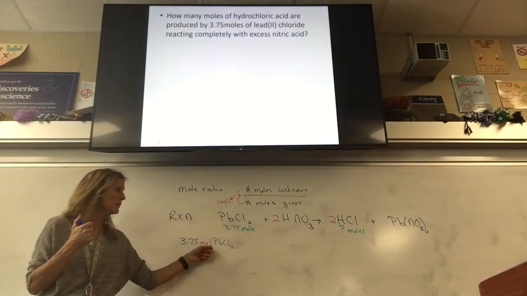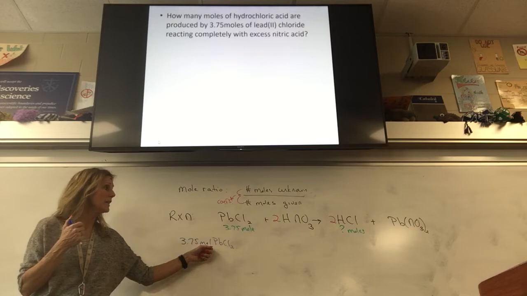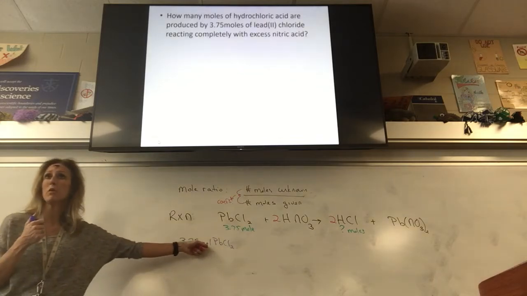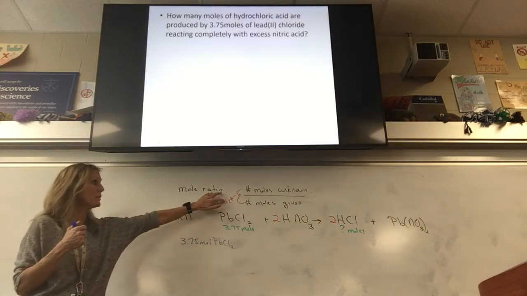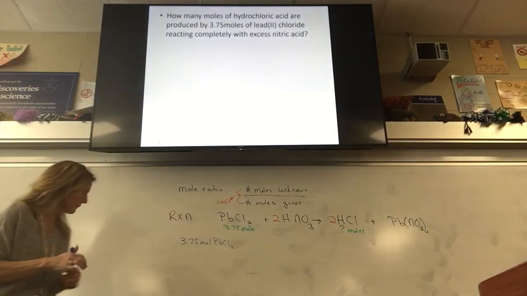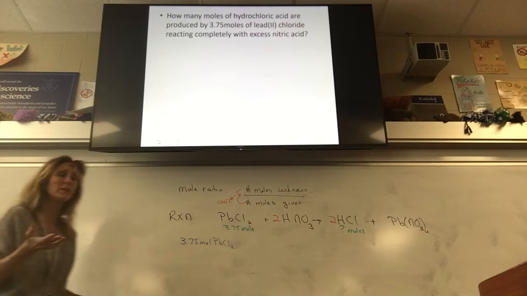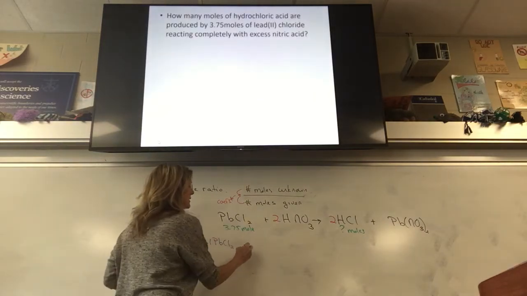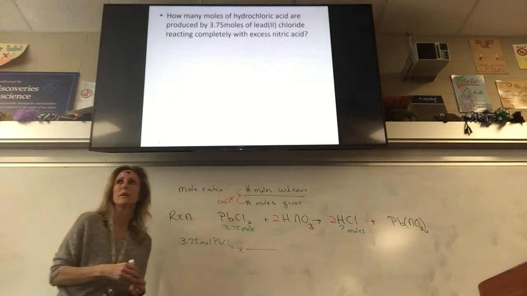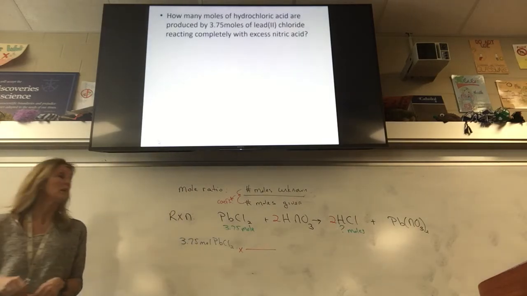So that's our first step. We've got our given. And then if we're in moles, then we can switch over to our other compound by using this mole ratio. And in fact, mole ratio is so important that Mr. Mauger always, when he was a teacher here, always made his students write the mole ratio in red because of how important it was.